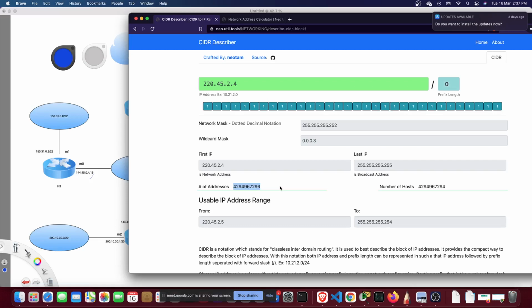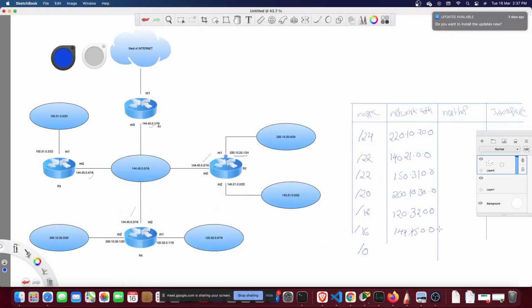When the prefix length is 0, all 32 bits represent the suffix, which means the host portion. In such a case, the whole address space acts as a single block containing 4 billion addresses. Got it? So slash 0 means it matches all addresses, right? So slash 0 is what we represent for a default mask.